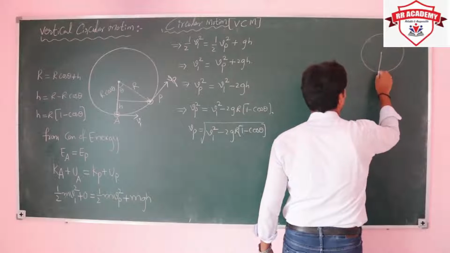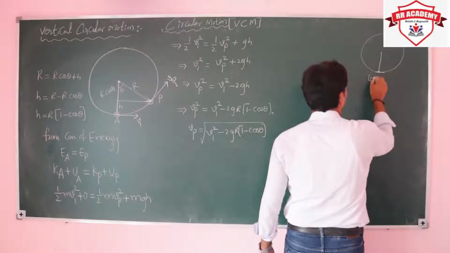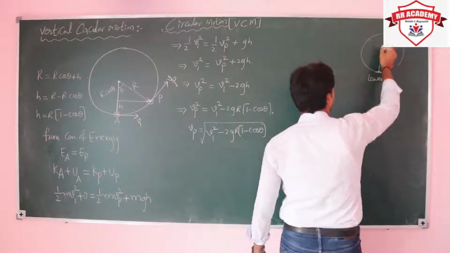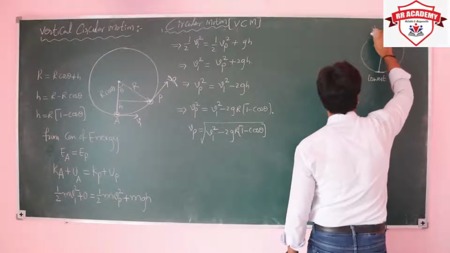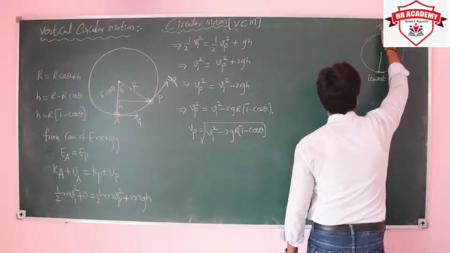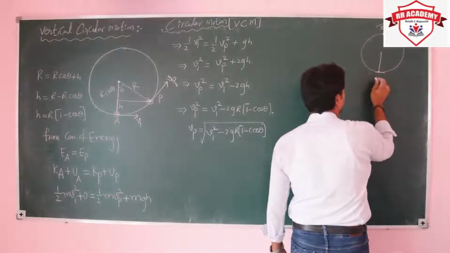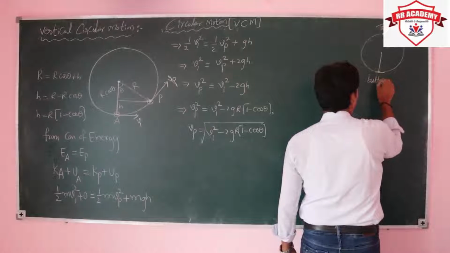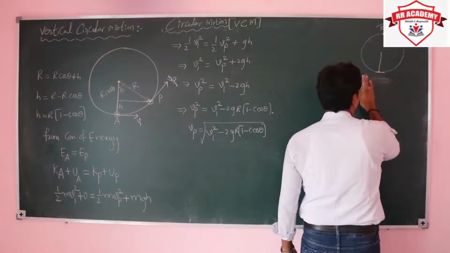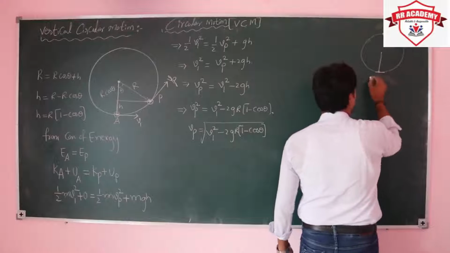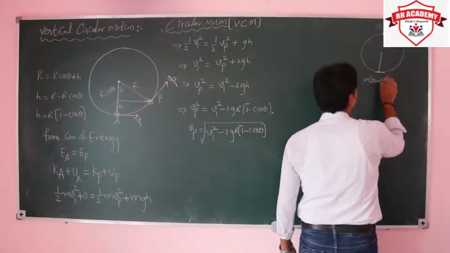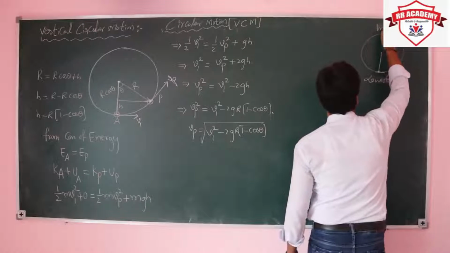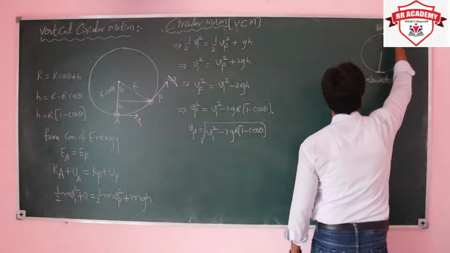This point we are already considering as the lowest point. This is the highest point, and you can consider this top and this bottom. No problem, anything. You can consider highest and lowest points.